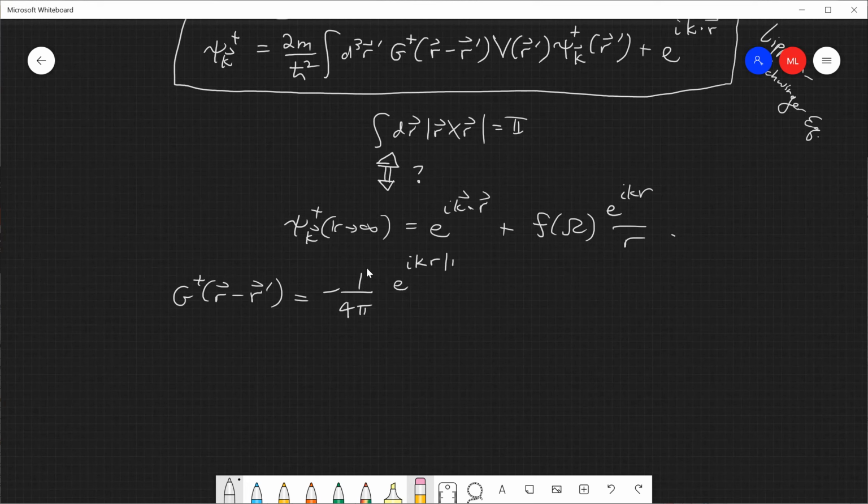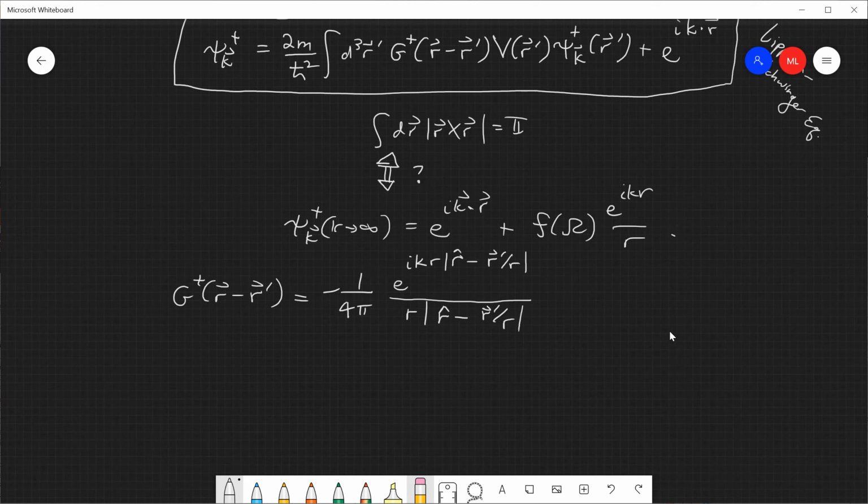And so this we can write as r hat minus r vector prime over r. Just rewriting it. And this is over r, and this is magnitude r hat minus r vector prime over r.